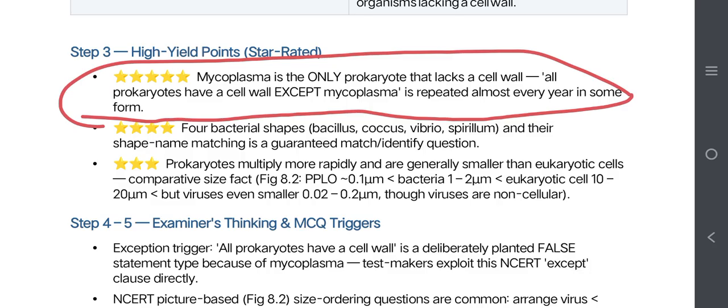All prokaryotes have a cell wall except mycoplasma. This is repeated almost every year in the same form, so note it.